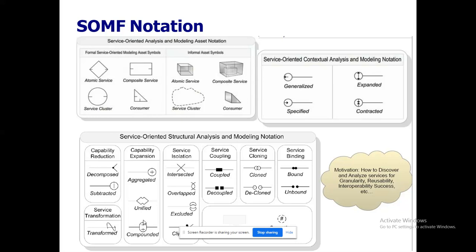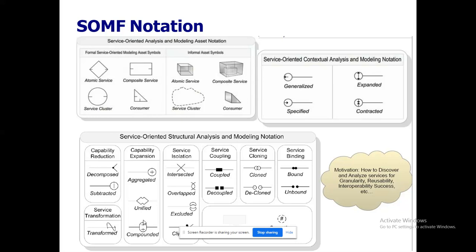And coupling. Coupling is nothing but a service that can be combined with another service in a large fashion or on a large scale. That's what service coupling is going to be. So coupled and decoupled.